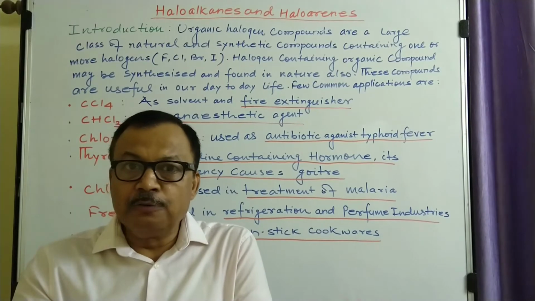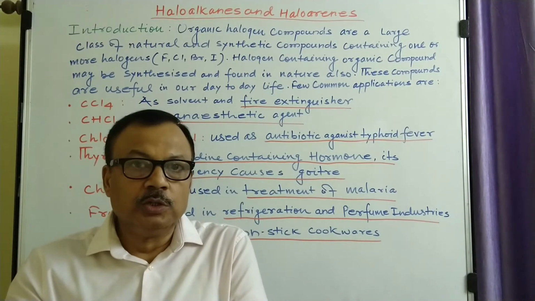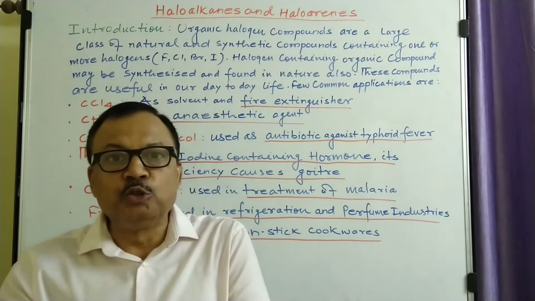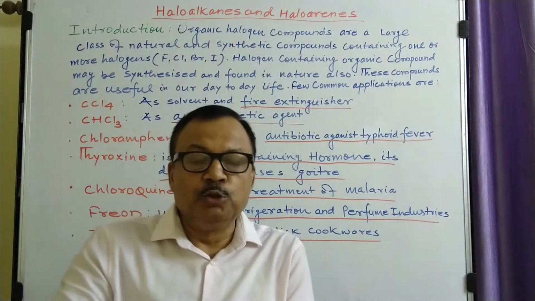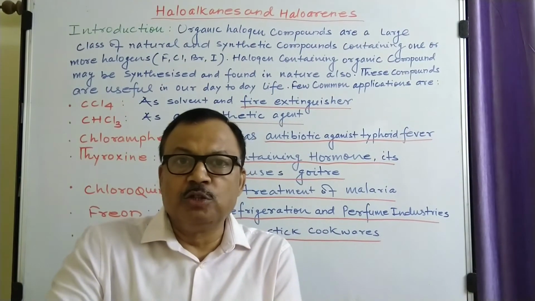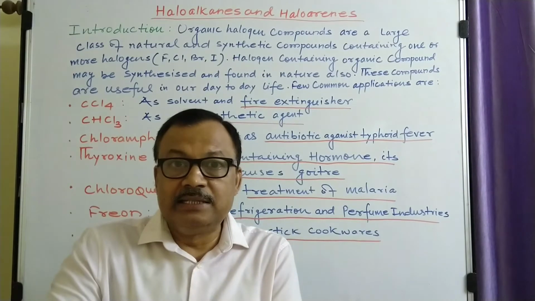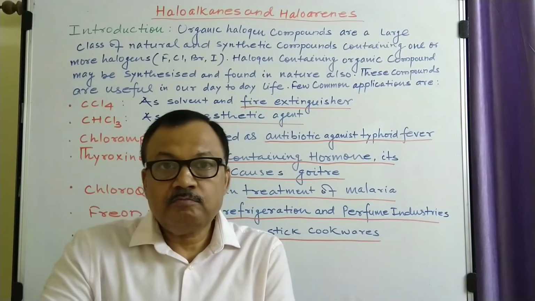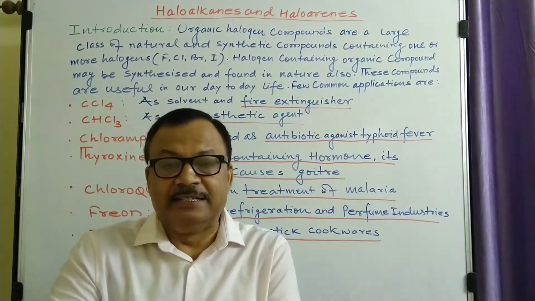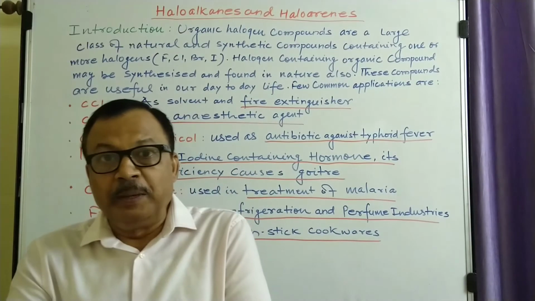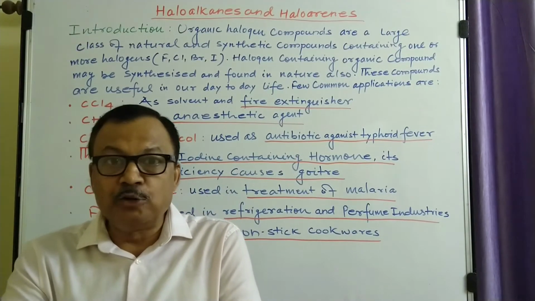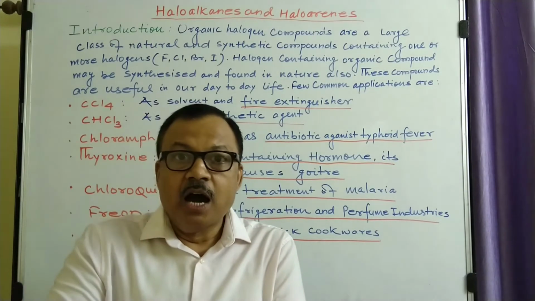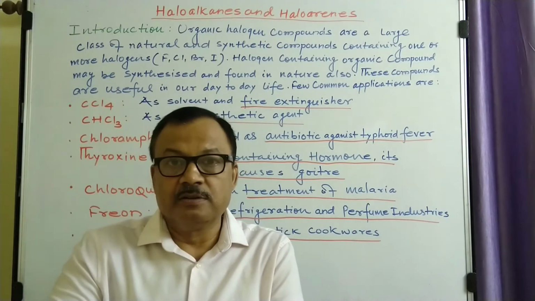Basically, iodoform is widely used to detect methyl ketones among aldehydes and ketones. Any aldehyde or ketone containing a methyl group is detected by the iodoform test. Similarly, haloarenes like chlorobenzene, fluorobenzene, iodobenzene and bromobenzene are derivatives of benzene.